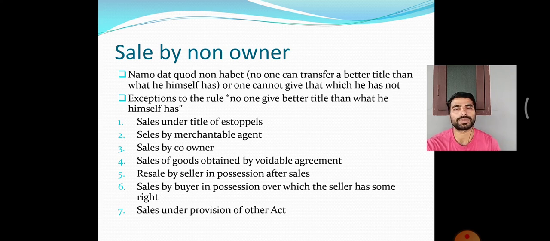When you keep the pledged goods in a bank, what will happen if you are not paying the interest amount or principal amount? They will sell your goods and recover the amount. Actually, they are not the owner. The ownership is not transferred to that person, but they have a right to sell the goods. So here, sales under provision of any other act, if it is permissible, that can be possible. So these are the situations under which sales can be done by non-owners.